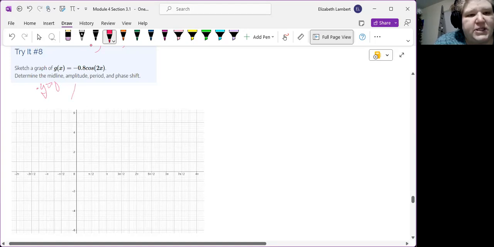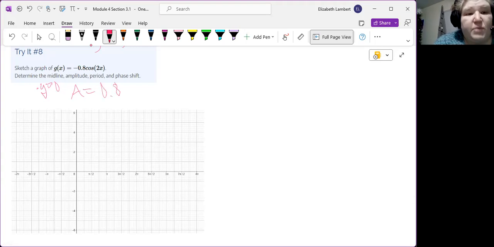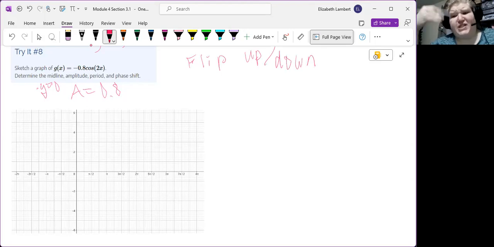Our amplitude is 0.8, but we also have a flip, positive y for negative y. Mathematically, I should say it's a flip across the x-axis or about the x-axis. But then I say that and it gets confusing. So just up, down, or left, right.